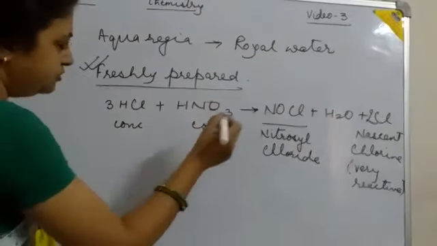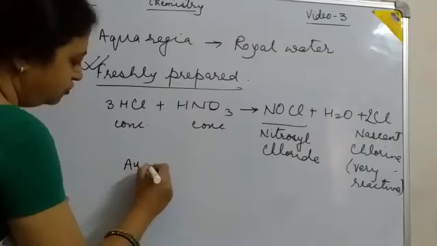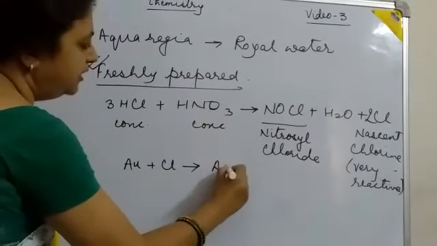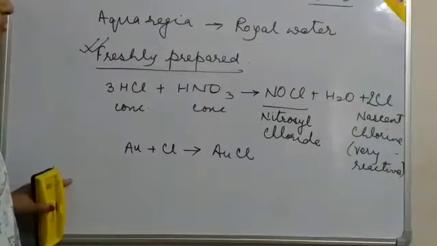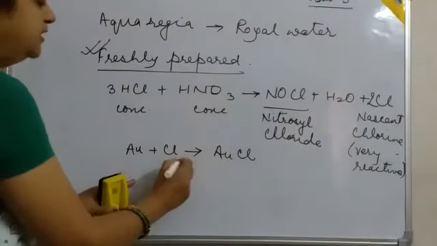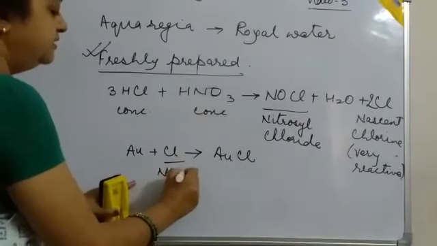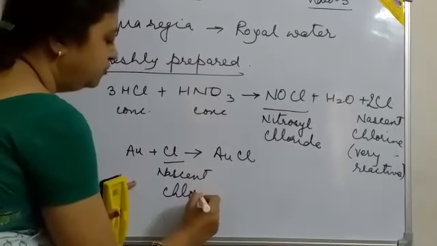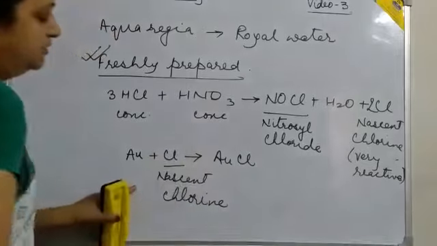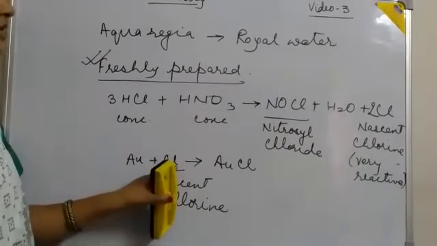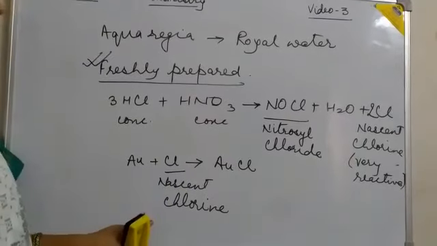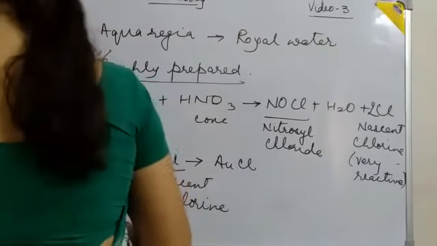If it is gold, then this chlorine combines with it and forms AuCl. So you must remember the nascent chlorine. Nascent chlorine is in its atomic form, which is very reactive. This is aqua regia.